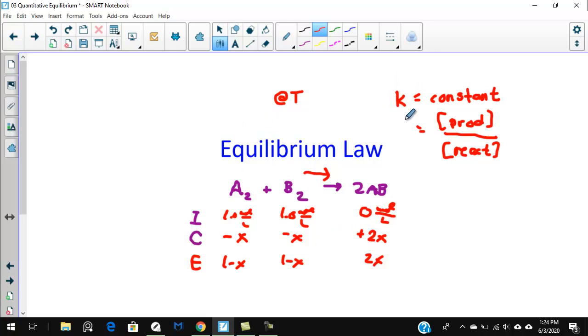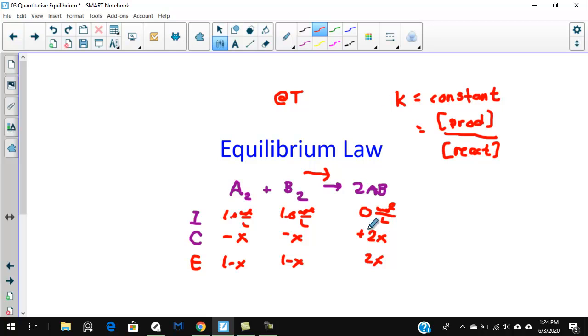We need to know this K though first. And so it either will be given to you or you will be asked to calculate it, but you must have, if you're not given the equilibrium values for a particular reaction, then there isn't really any way of calculating out K. K is found experimentally.